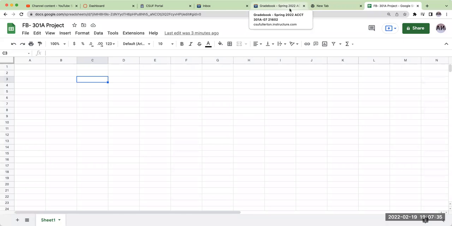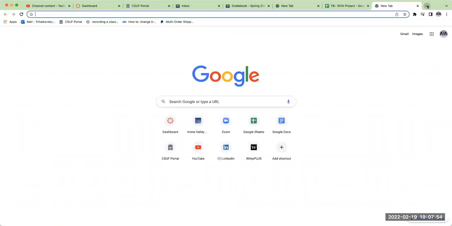So let's go ahead and start. The way we're going to find stock compensation expense is generally through the statement of cash flows. So for Facebook, let's first find out, when did Facebook go public?